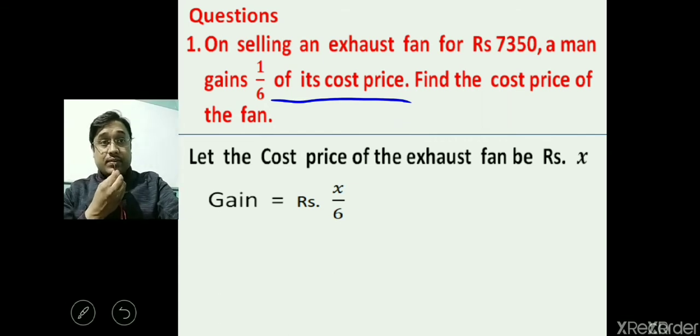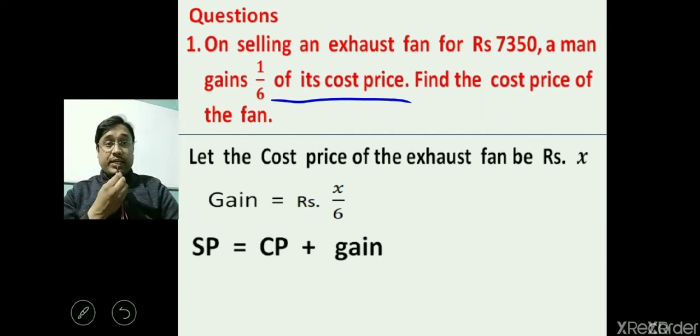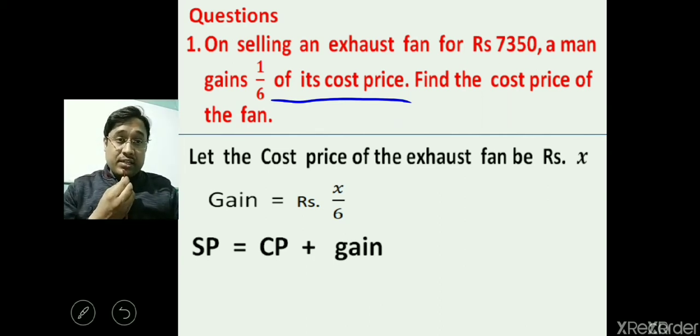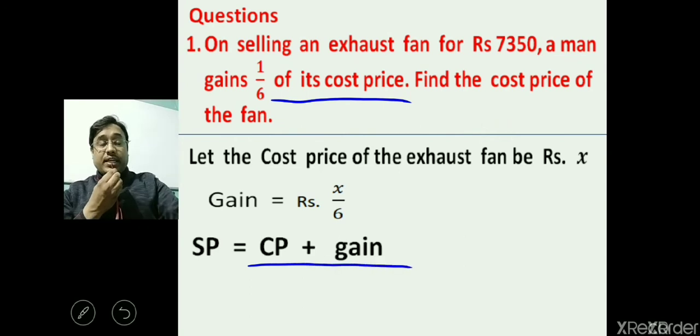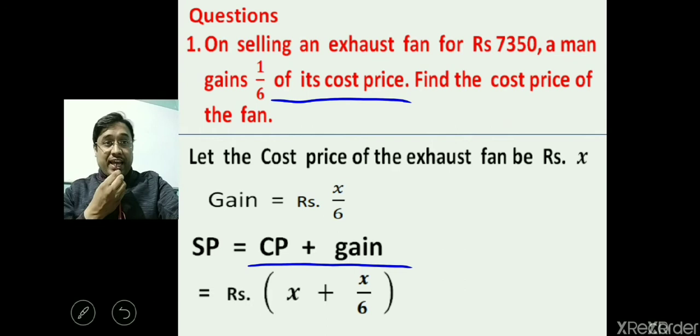Then you know this formula, we have discussed it earlier also: selling price equals cost price plus gain, because the difference, selling price minus cost price, equals gain. So when you take the cost price to the other side of the equation, selling price equals cost price plus gain, and the cost price here is X and the gain is X by 6.